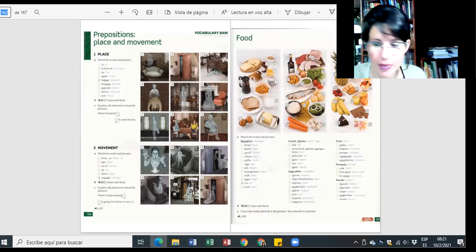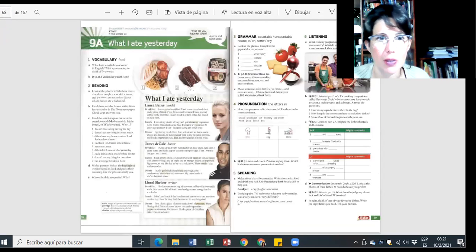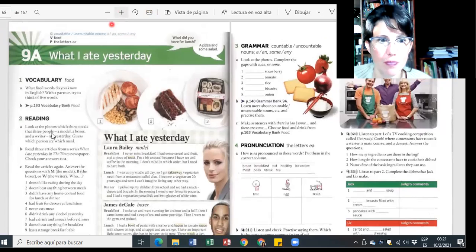That's page 68. Here we are. In these two pages, you will try to read the text and complete this activity. Here you have to match these sentences with these people. All right? I will enlarge the screen a little bit so it's going to be easier for you.